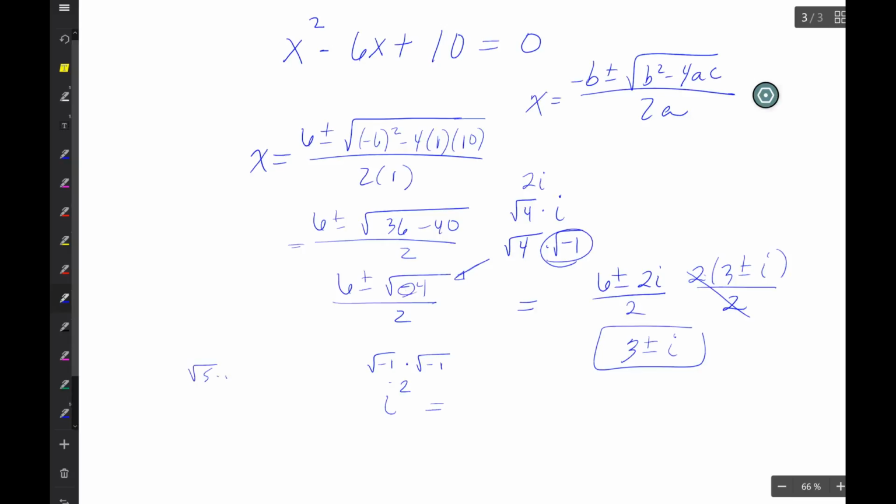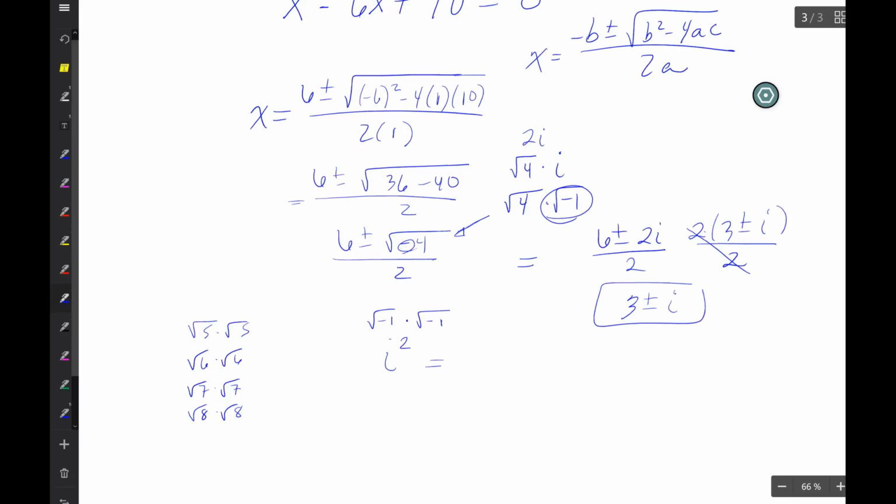Because if it's a square root times a square root, it just cancels, like 6, right? Exactly right. Ryan's thinking about what it means to be a square root. Square root 5 times square root 5 is 5. Square root 6 times square root 6 is 6. Square root 7 times square root 7 is 7. Square root 8 times square root 8 is 8. So square root negative 1 times square root negative 1 is negative 1.